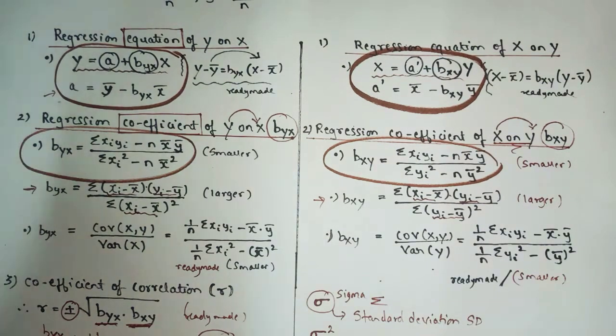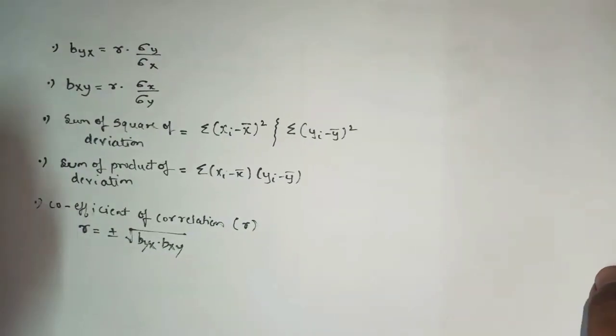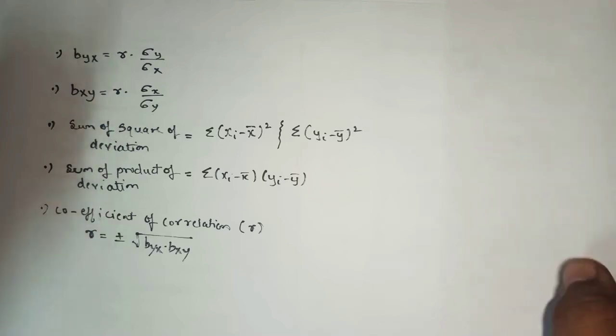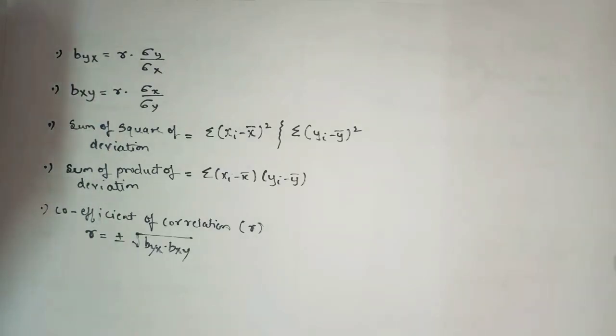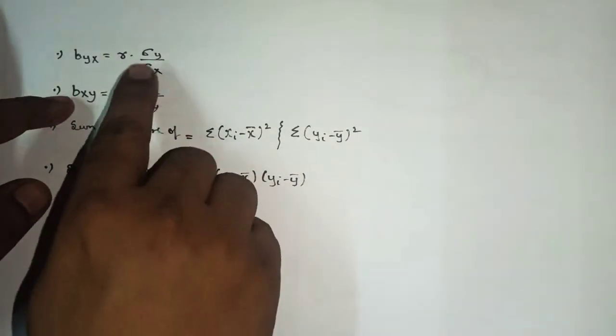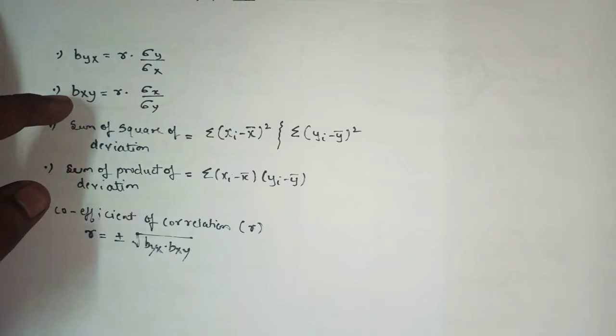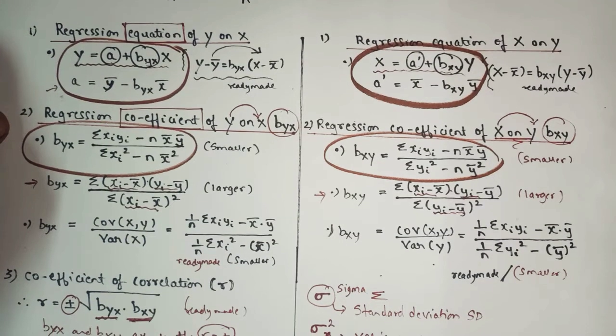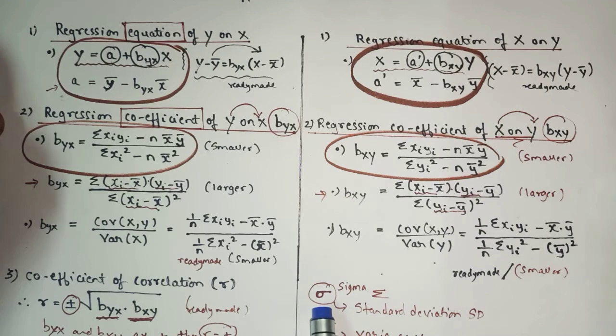There are some more formulas to find byx and bxy. In the second exercise, there are 3 to 4 sums in which you have to find byx and bxy with respect to standard deviation. The symbol, as I told, is known as standard deviation. And standard deviation means what?